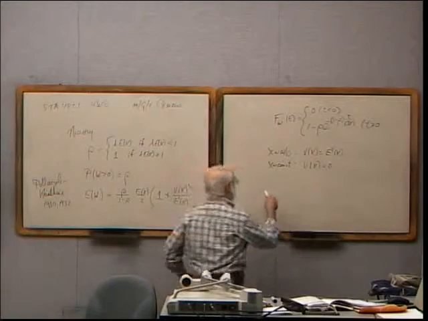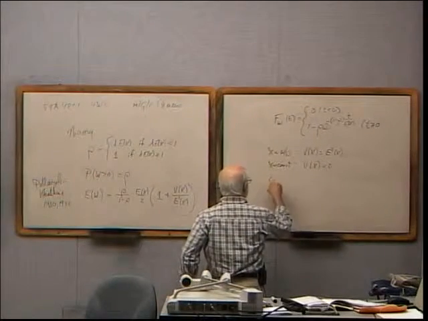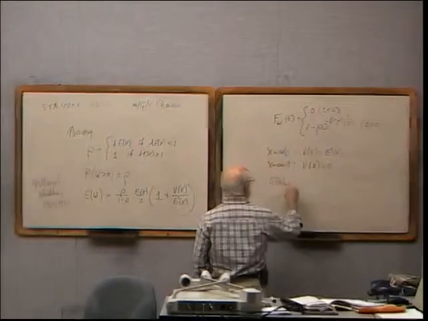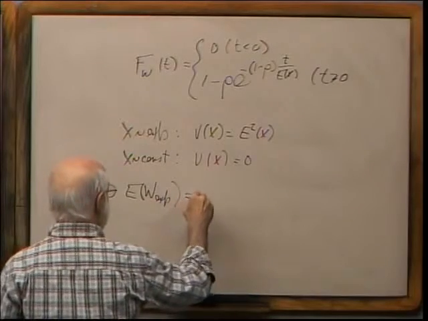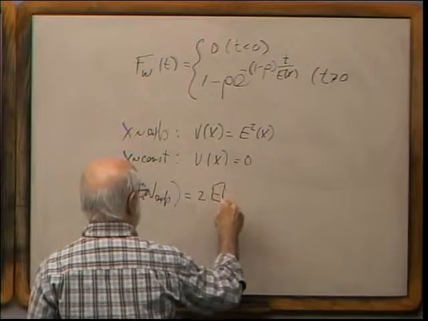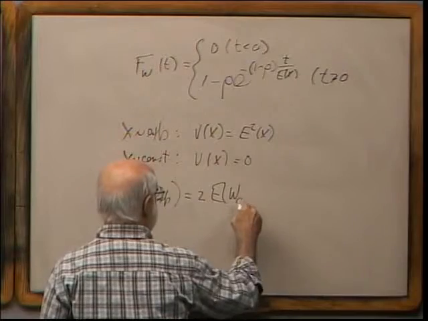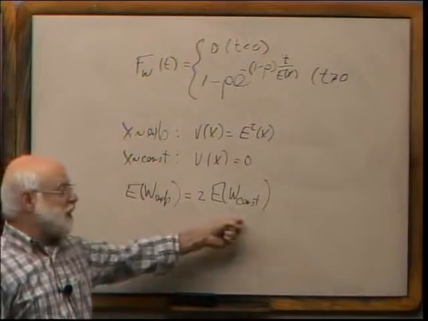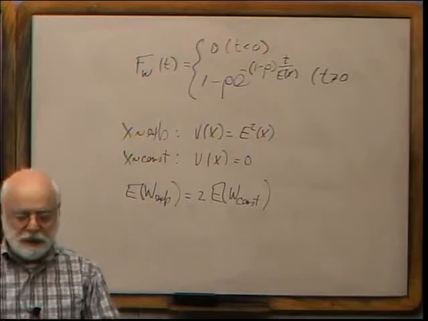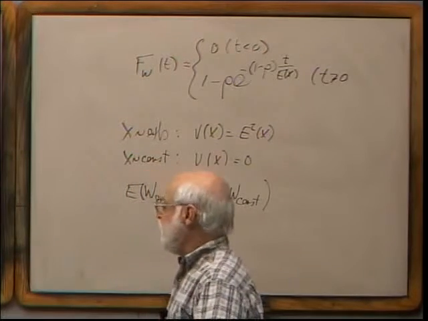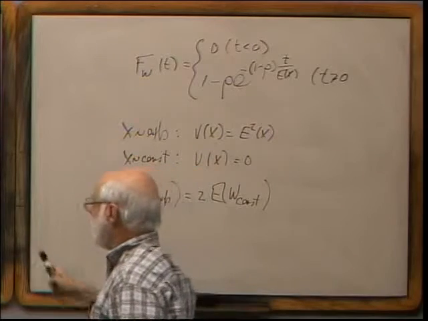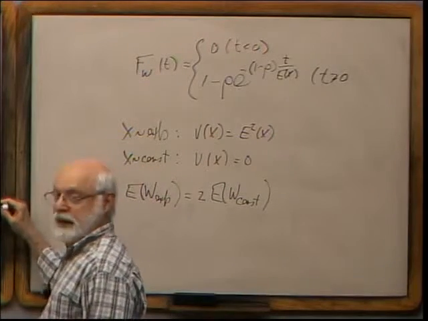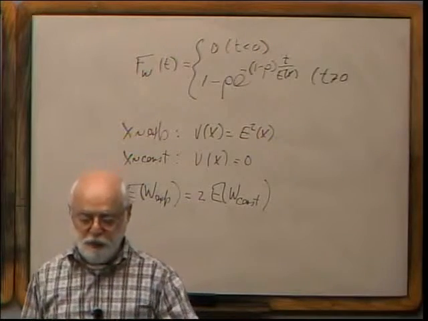In other words, for the same rho, the expected value of the waiting time in the exponential case is equal to twice the expected value of the waiting time in the constant case. This is MM1, that's MD1. So this shows you that these formulas are neat because not only do they give you numerical information, but they give you insight. And insight is really more important, I think, than numerical information.